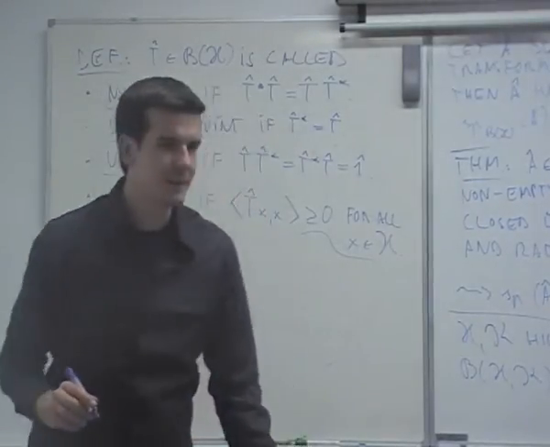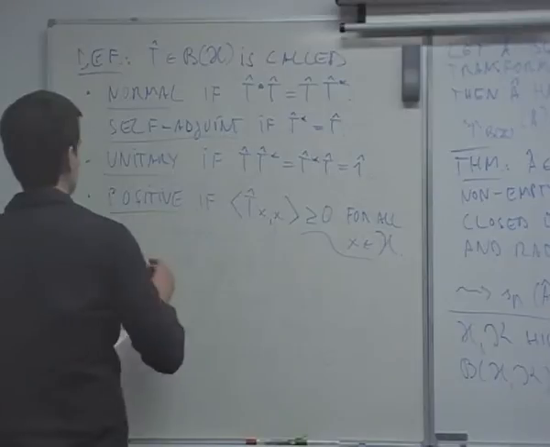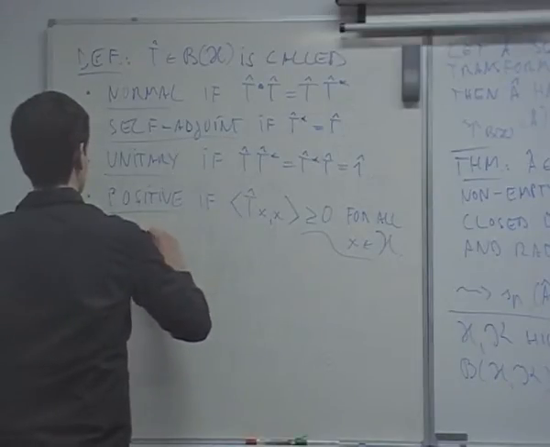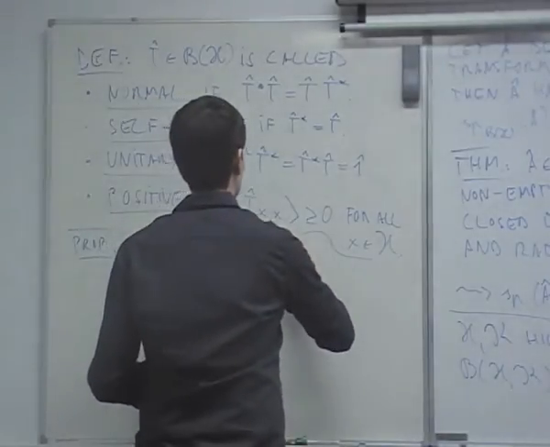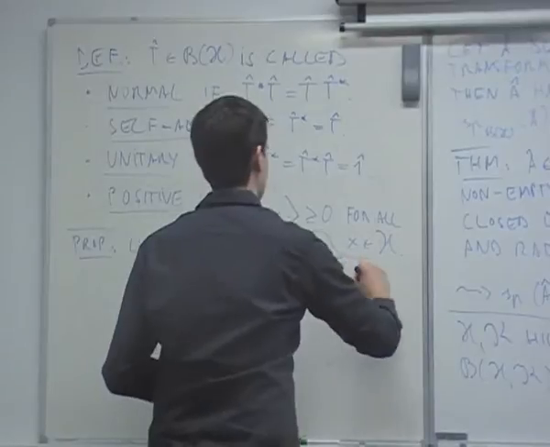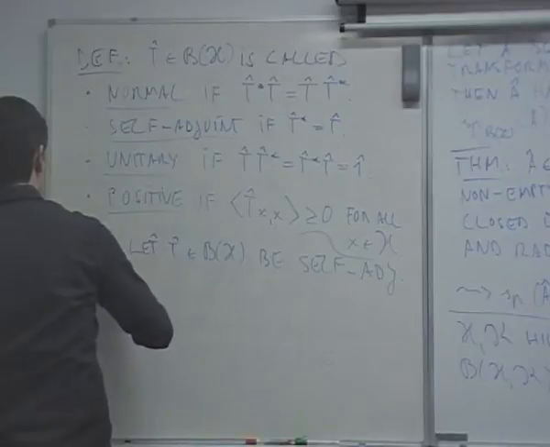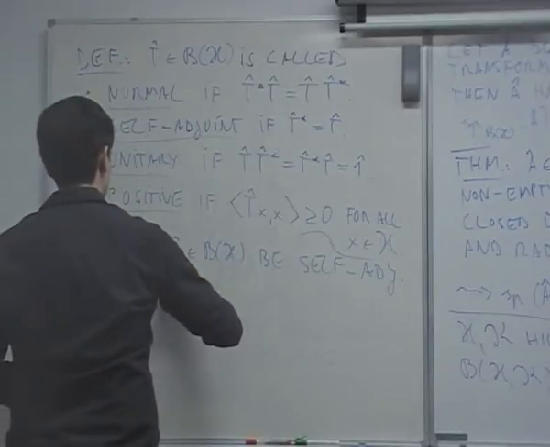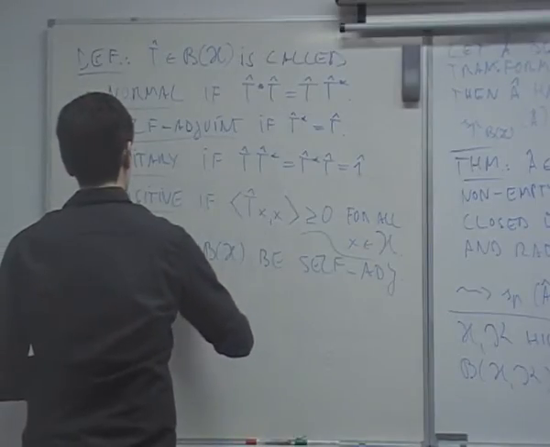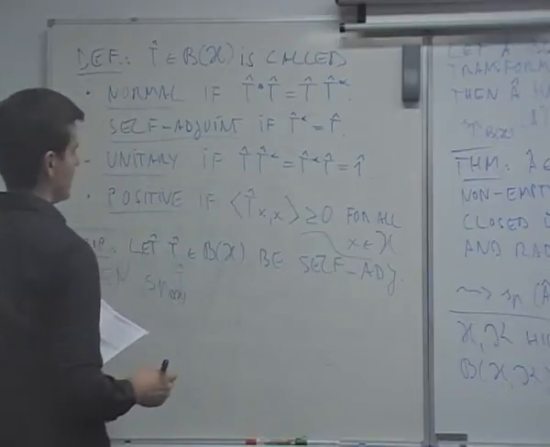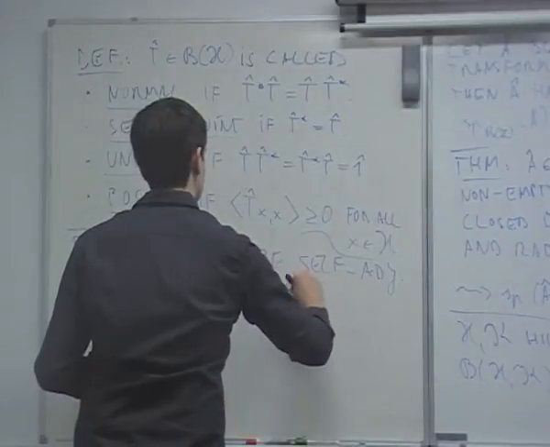What I want to say is, if I have again T in B(H) self-adjoint, then the spectrum of T with respect to B(H), which I have to say at this point, is a compact subset.